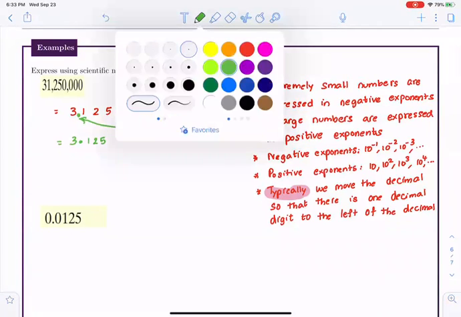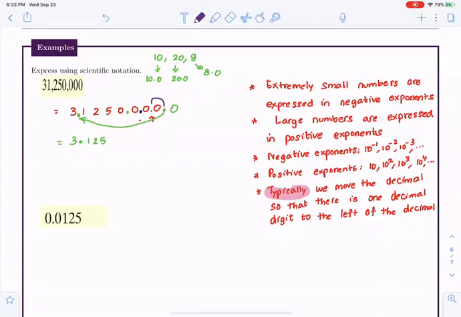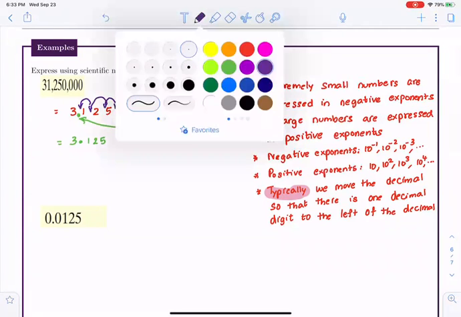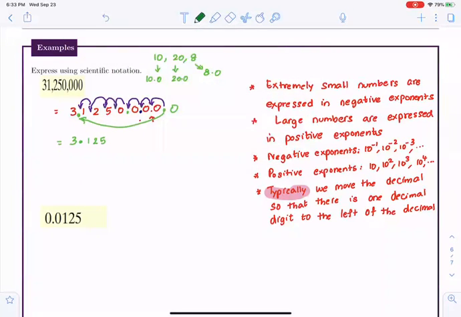So 1, 2, 3, 4, 5, 6, 7. So we have 3.125 times 10 raised 7. And that would be the scientific notation.